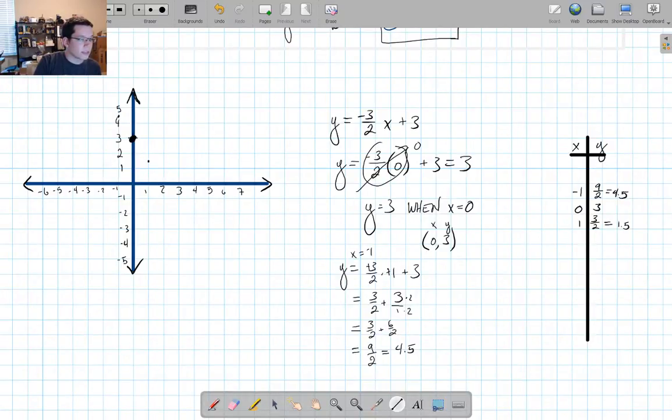So we're going to go from the center point, it's rise over run, so we're going to go down 3 and over 2. Down 3 and over 2.